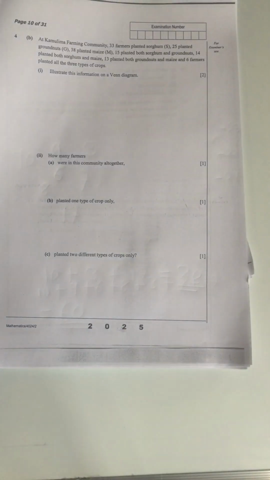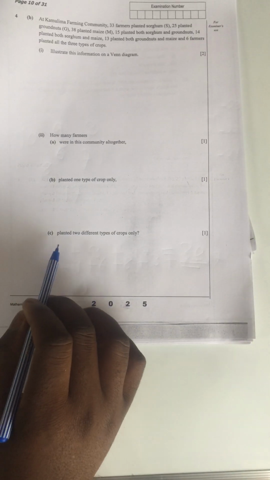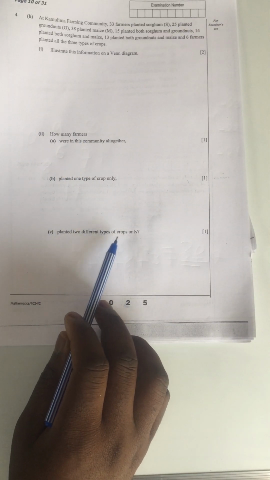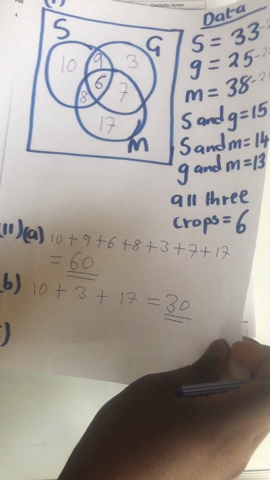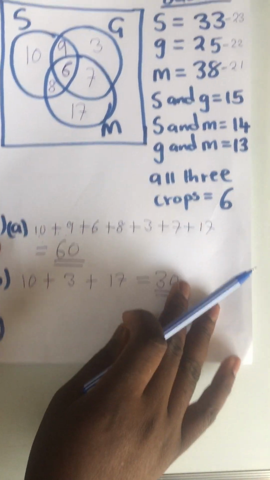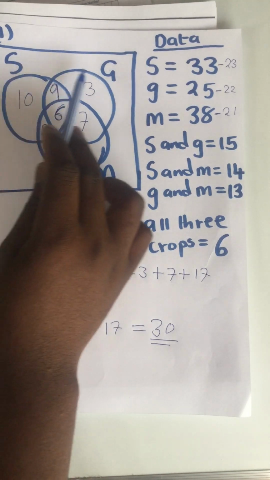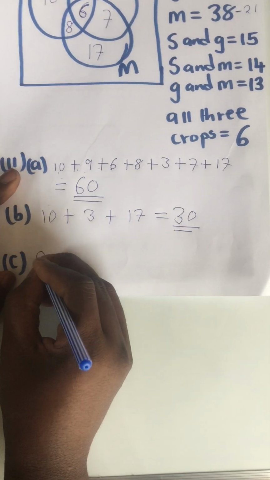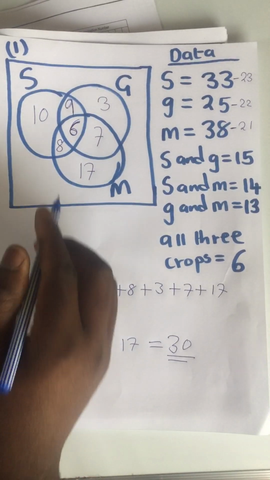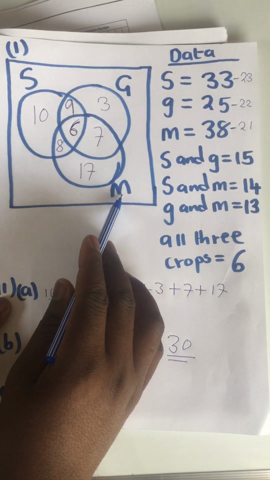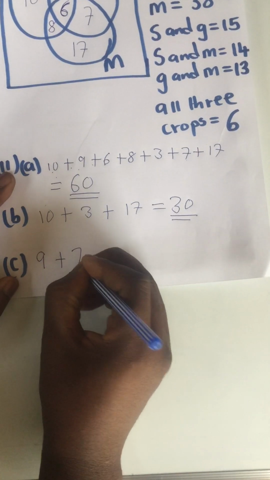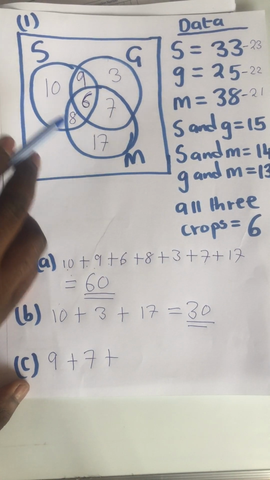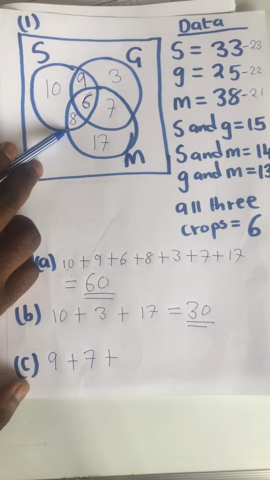We come to the last one. How many farmers planted 2 different types of crops only? So they want people who planted 2 different types of crops. Which is the sorghum and the groundnuts. They were 9. So you say 9 plus those who planted the groundnuts and the maize, 7, plus those who planted the sorghum and the maize, 8.